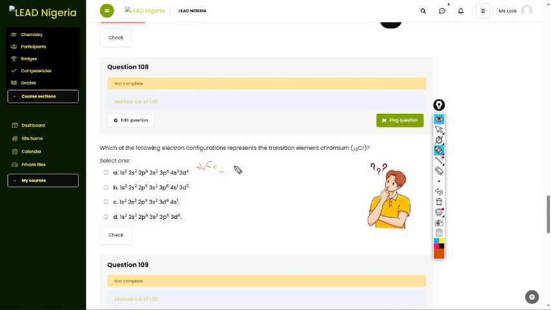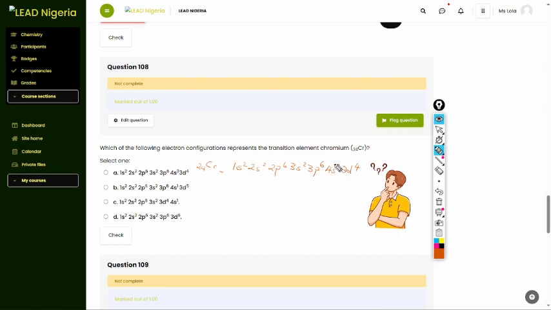The configuration for that ideally is 1s2, 2s2, 2p6, 3s2, 3p6, 4s2, and 3d4.